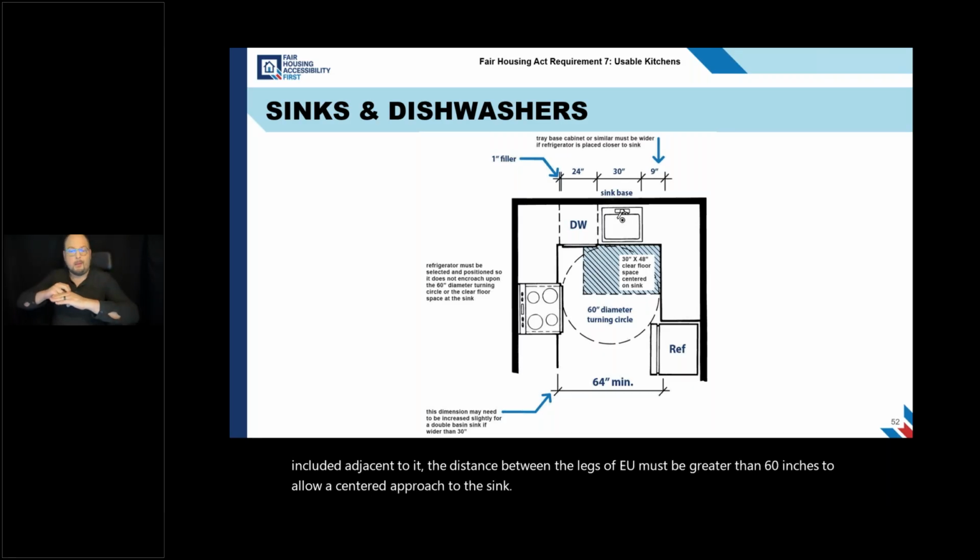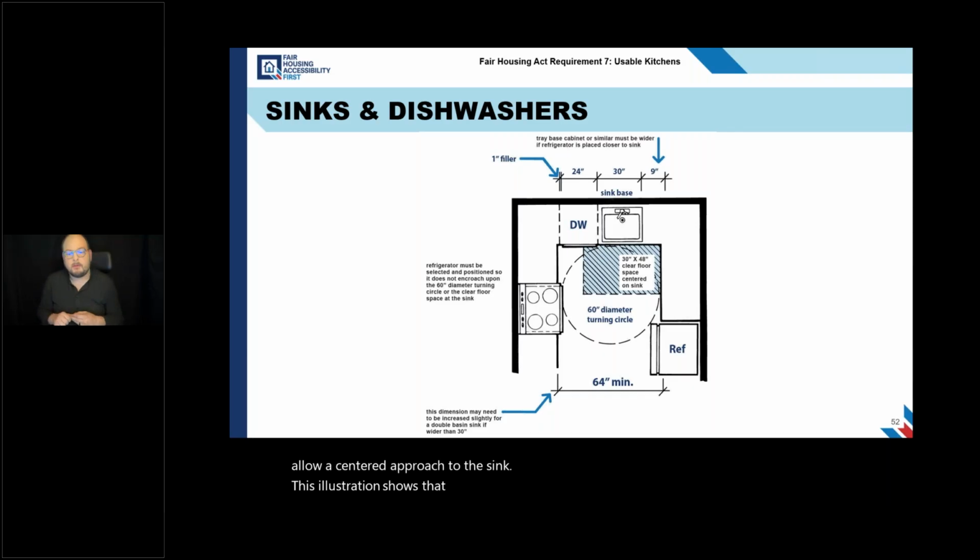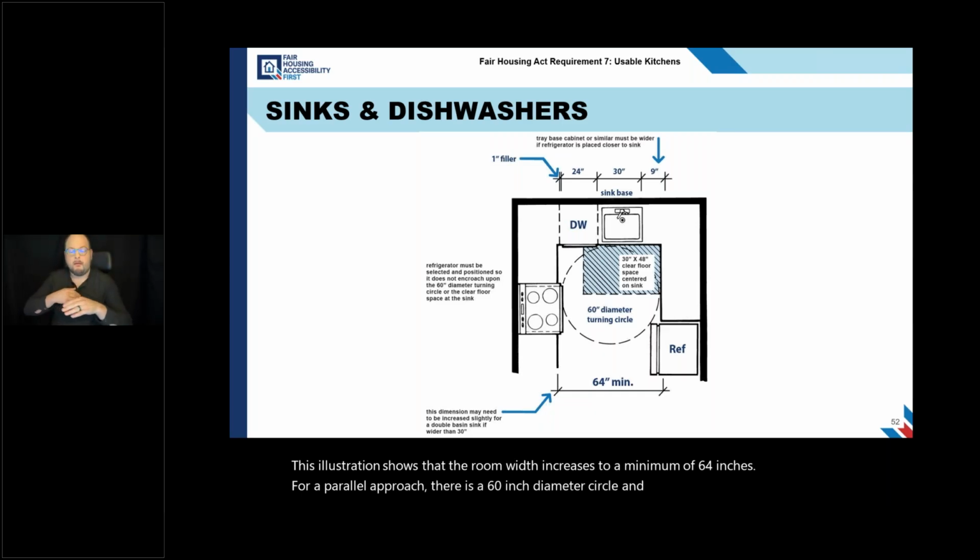This illustration shows that the room width increases to a minimum of 64 inches. For a parallel approach, there is a 60-inch diameter circle and a 30 by 48-inch CFS.